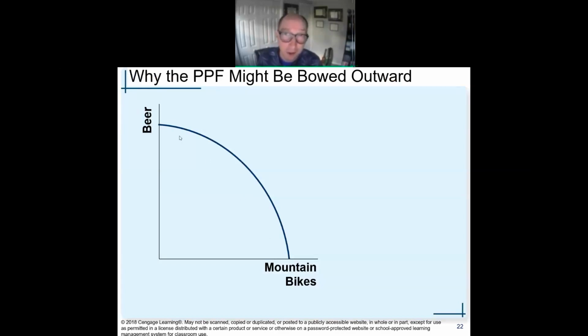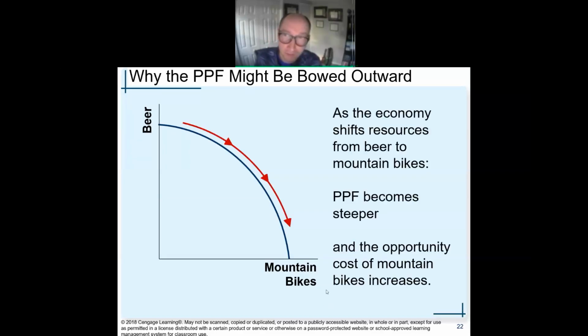That's a kind of a terrible example, but in this example we have both beer and mountain bikes. And what this represents is that the increased level of output means that our slope becomes skewed because there's a shift in the economy.